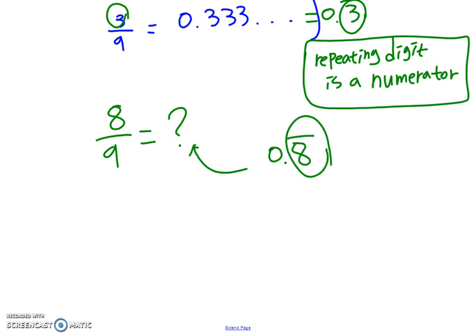The answer is 0.8888 and repeats infinitely. So that means it's 0.8 with repeating digit 8. Now, as our definition above, we know that when it comes to pattern, it should be expectable or predictable.